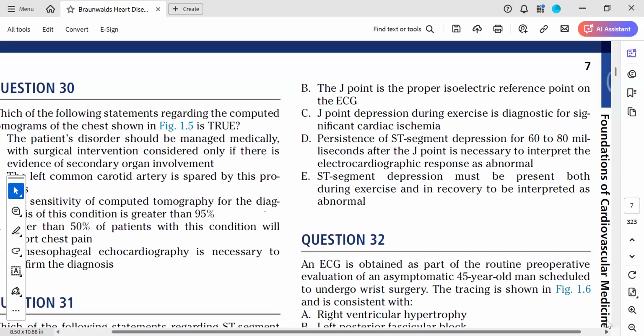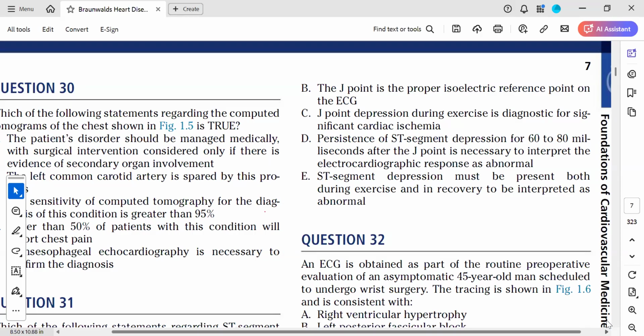B talks about the persistence of ST segment depression for 60 to 80 milliseconds after the J point being necessary to interpret the ECG response as abnormal. And the last is that ST segment depression must be present both during exercise and in recovery to be interpreted as abnormal. So we'll just dive into the answers for the question.